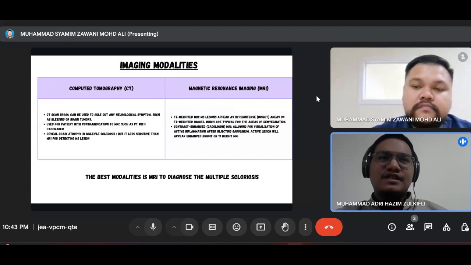Computed tomography can reveal brain atrophy in multiple sclerosis, but it is less sensitive than MRI for detecting multiple sclerosis lesions.